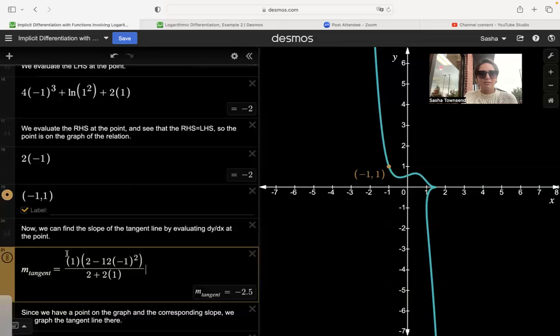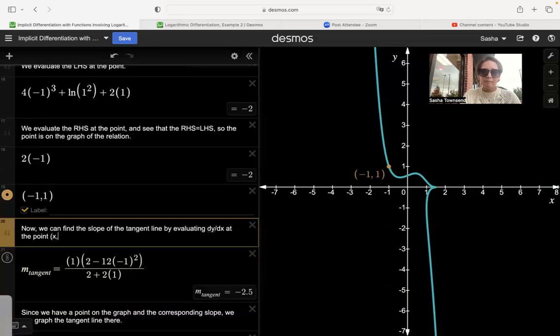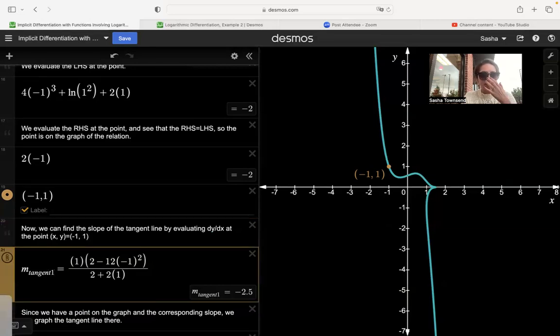If we substitute x equals -1, y equals 1, the x and y coordinates of that particular point on our graph, into that equation, and I'll call it tangent sub 1, we get a slope of -2.5. And that seems reasonable. It seems like we might start here and then go down 2.5 and then over 1 to find another point on that tangent line. Seems like that might be the slope of the curve.